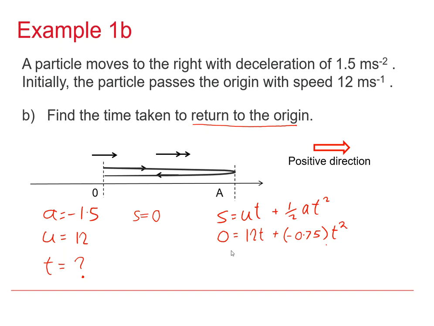And what we can see then is that that's a quadratic equation in t. It's a particularly nice quadratic because we don't have a constant term, so I can easily factorize that as t and then 12 minus 0.75t.